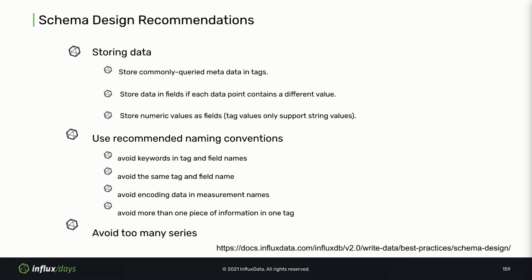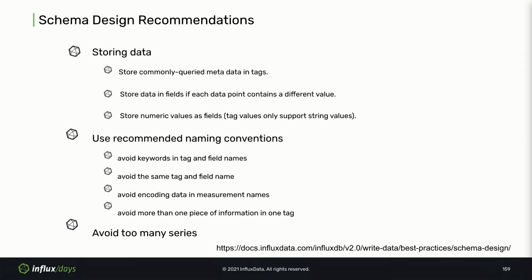When you're naming your data, avoid using keywords in tag and field names, avoid using the same tag and field name, and avoid storing more than one piece of data in one tag.